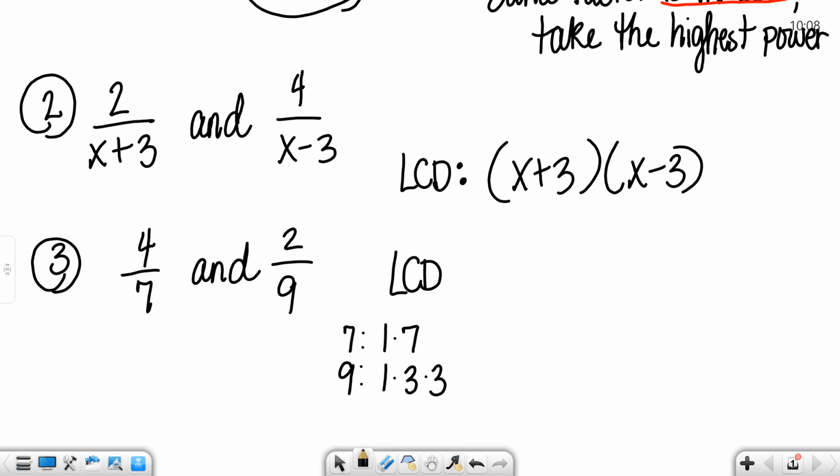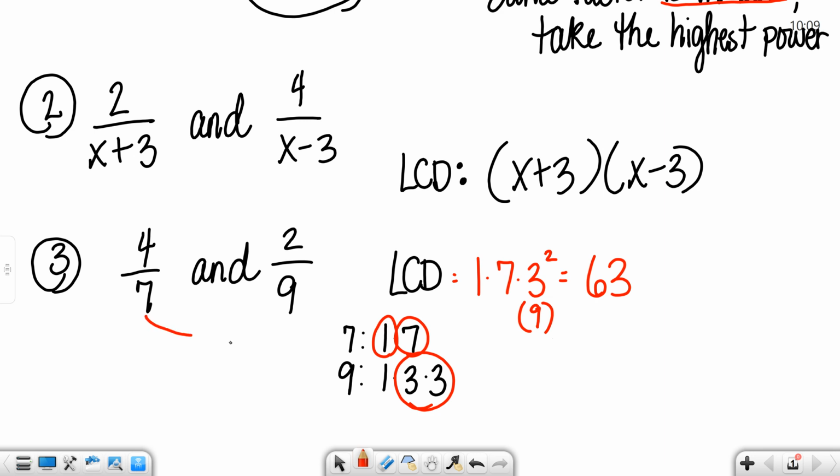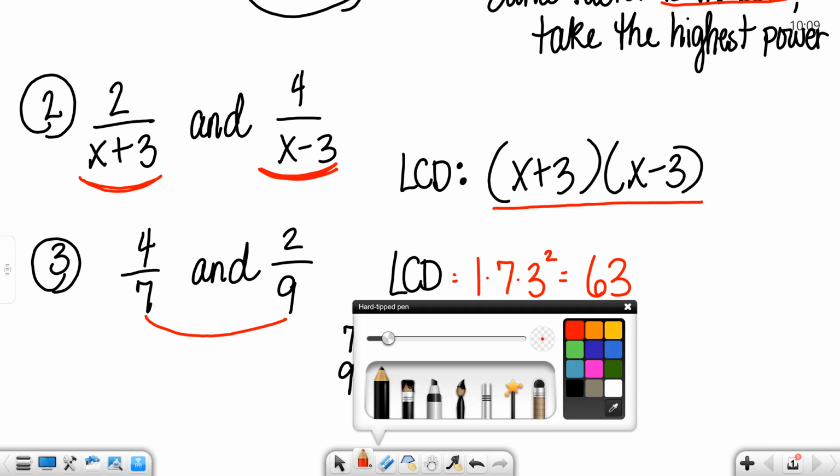So if we use my little idea of take every factor that you see, I see a 1, I see a 7, and I see a 3 squared. So I have to take 1 times 7 times 3 squared, which is a 63. Now think about that. 3 squared is 9, guys. So really all I did was multiply those two together to get my least common denominator of 63. Same idea here. This is already factored, so I multiply them together to get my least common denominator.